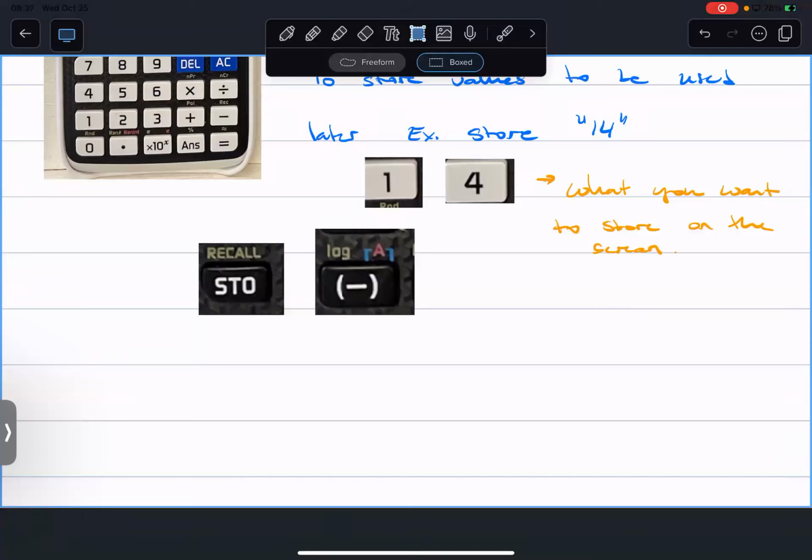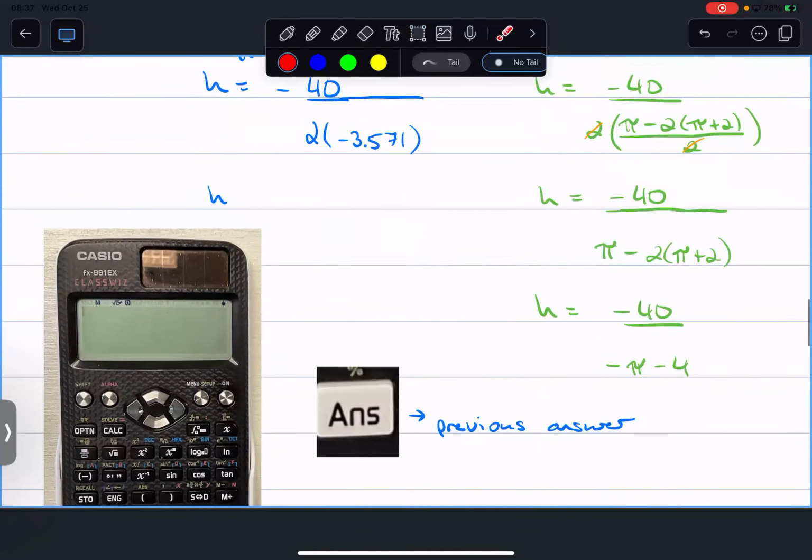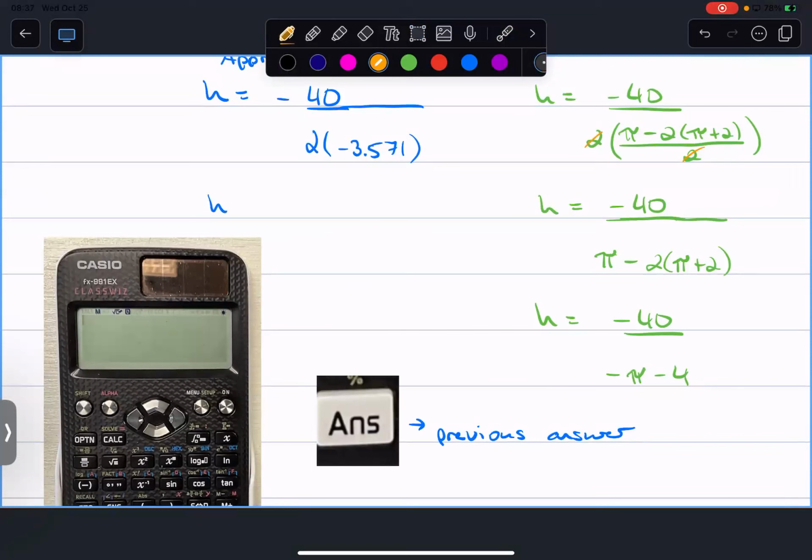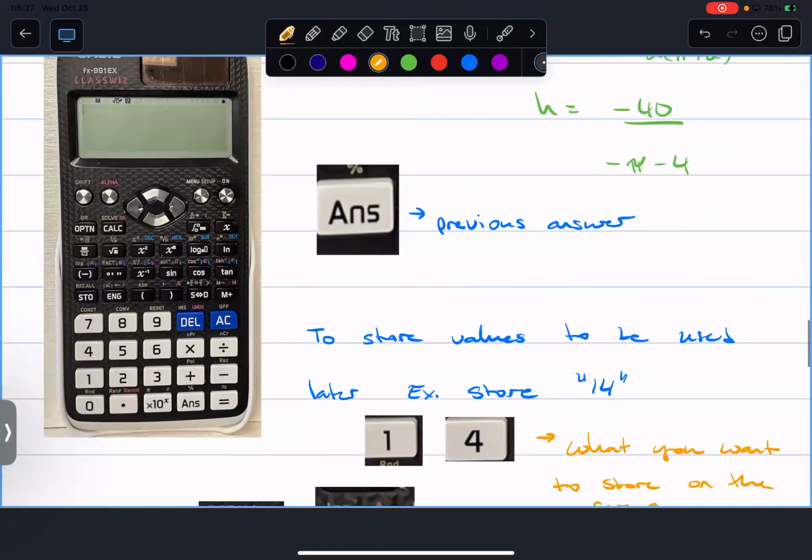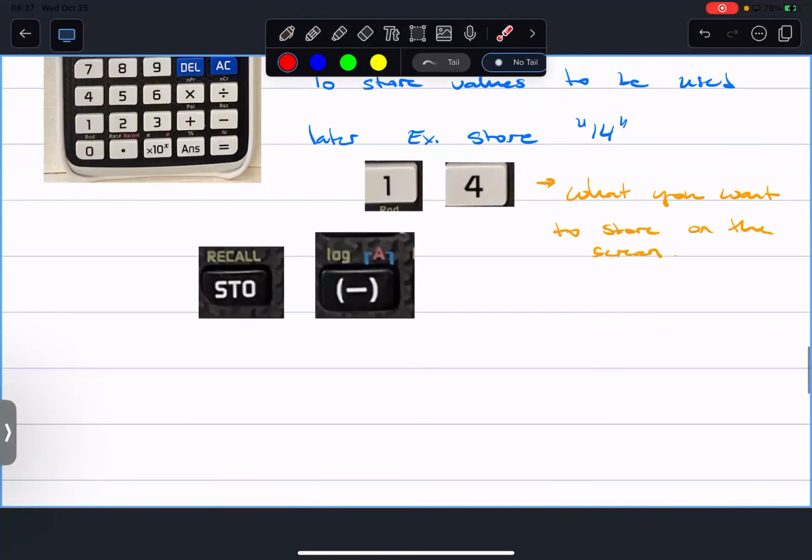Usually what I do is make a little note in my math saying this is stored in A, so I can go back and figure out where I stored things because it's not always obvious. Now that 14, in this case, is stored in A.